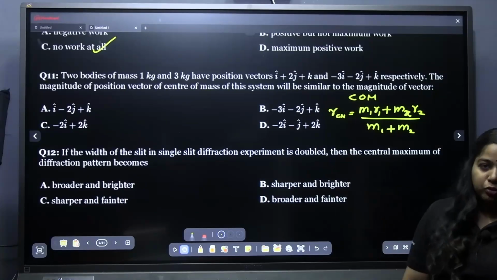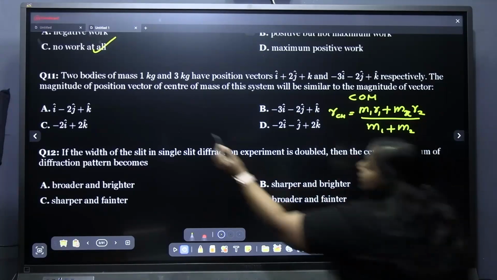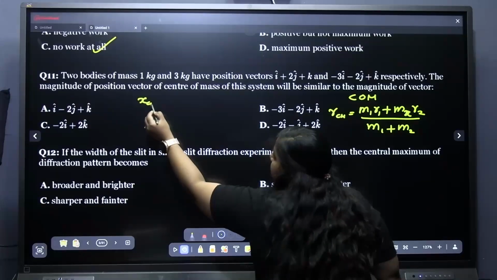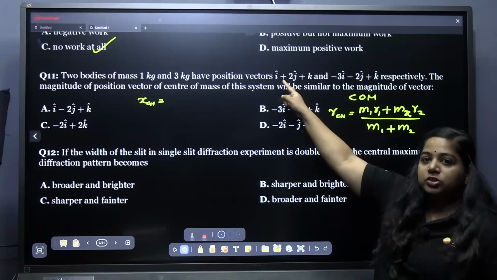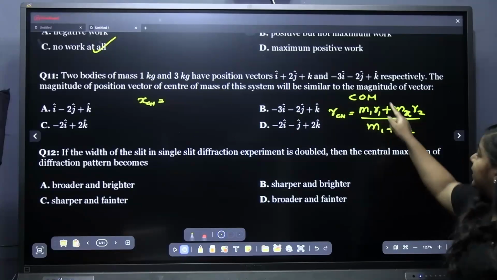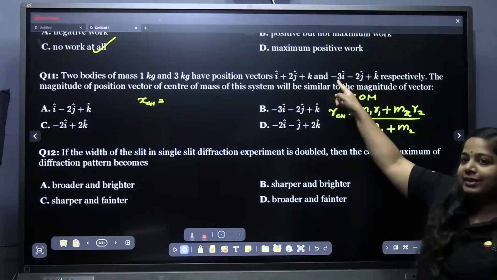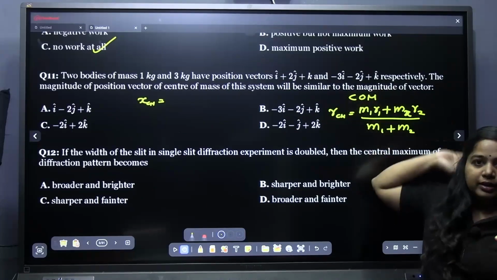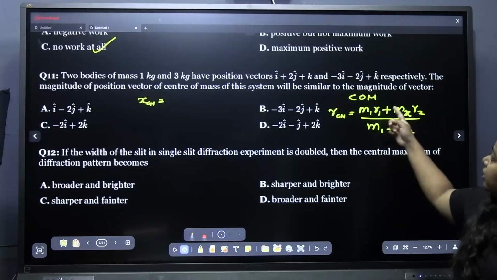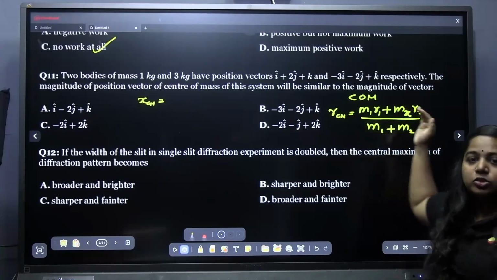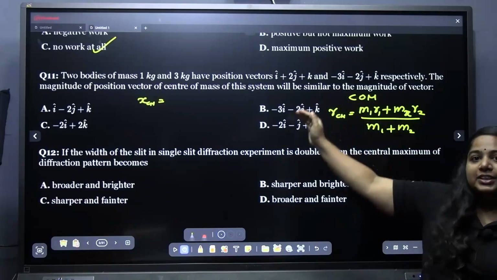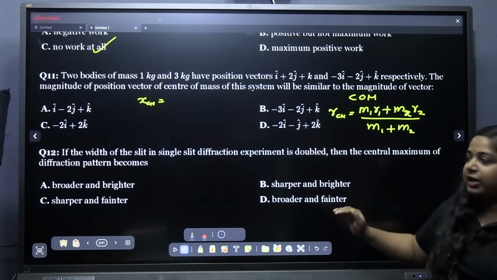m1 plus m2 is 4. So xcm will be equal to m1 x1, so 1 into 1 plus 3 into minus 3. 3 into minus 3 is minus 9. So minus 9 plus 1, that is minus 8 by 4.